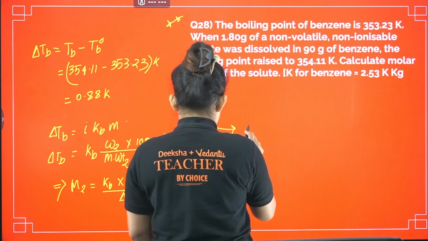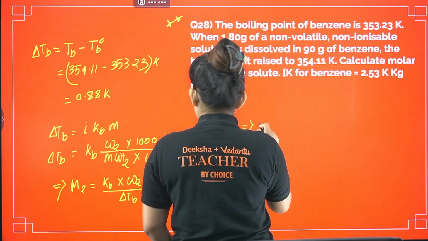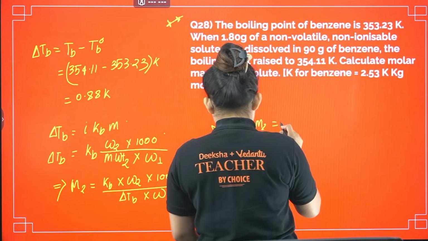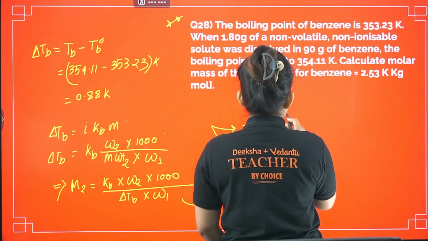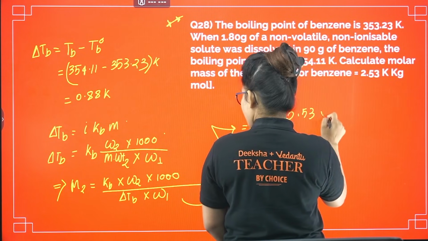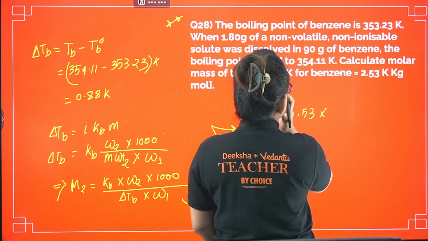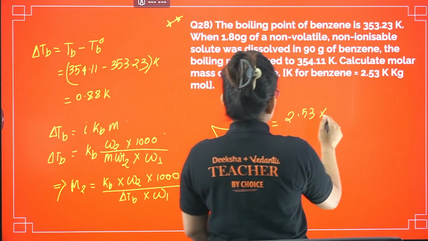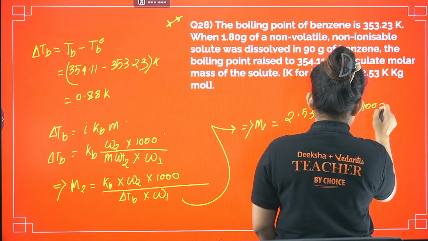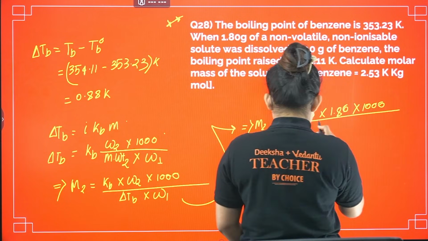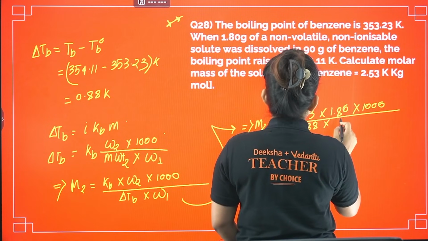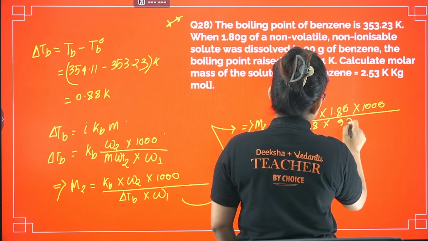Okay, so now I will just substitute the value here. M2 is going to be KB at first 2.53 into weight, how much it is given, 1.80, into 1000 divided by 0.88 into 90 gram, right?